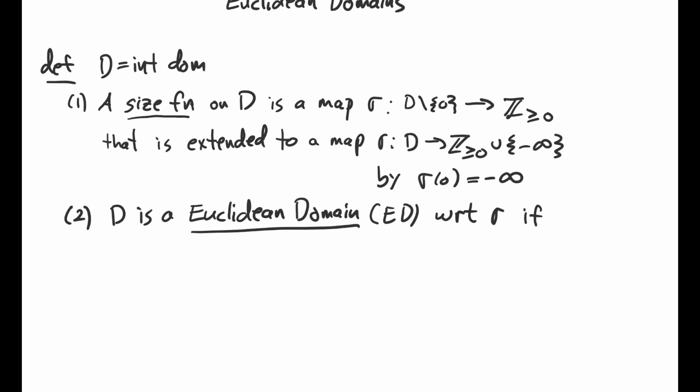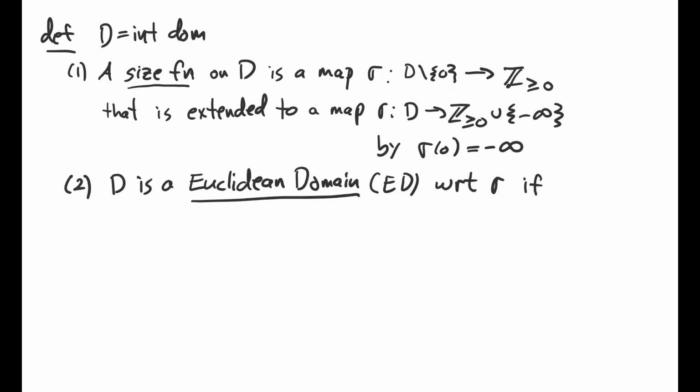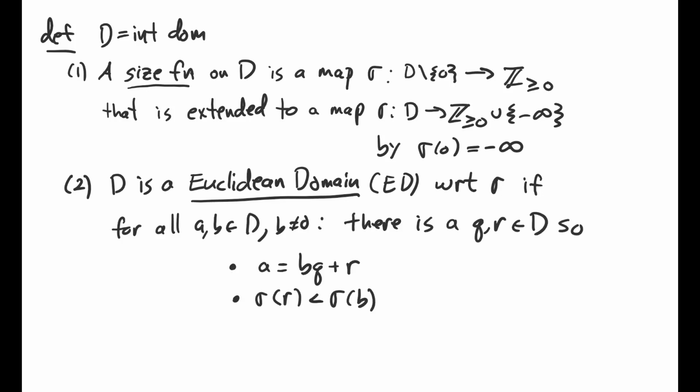All right, then we'll call D a Euclidean domain with respect to the size function sigma if it satisfies these two properties. And here's the condition. It looks just like the conclusion of the division algorithm theorem for the integers. So Euclidean domains are domains in which something like the Euclidean algorithm holds.